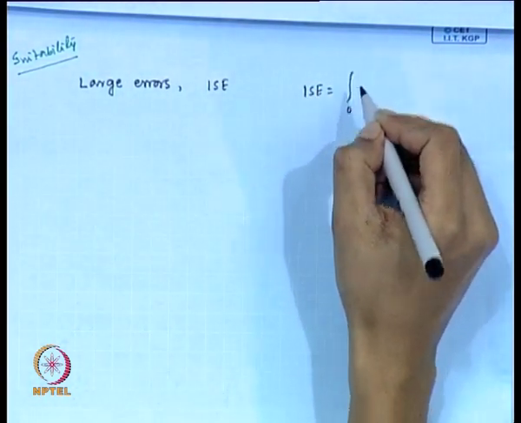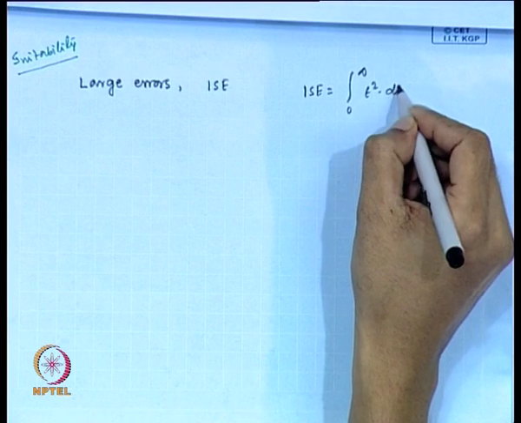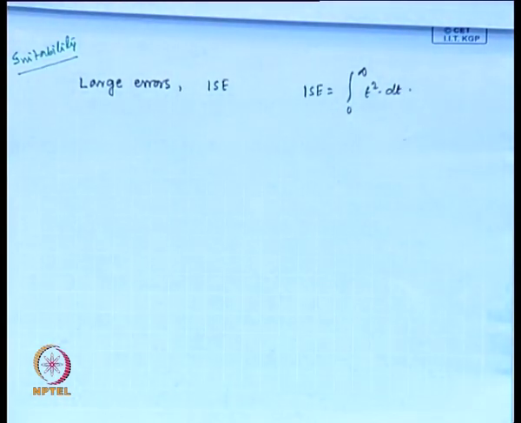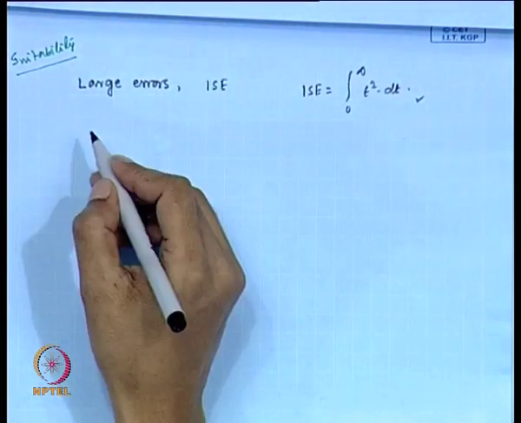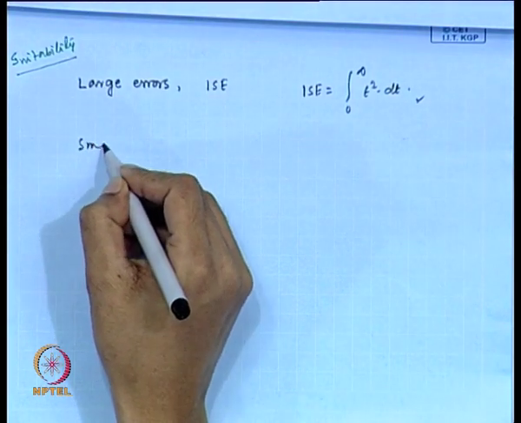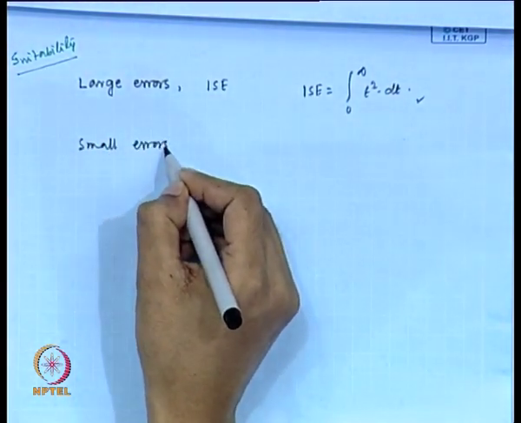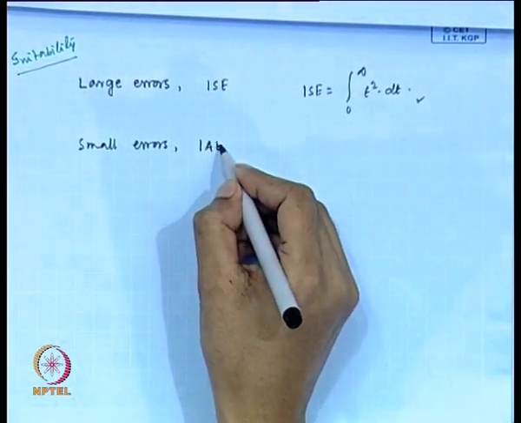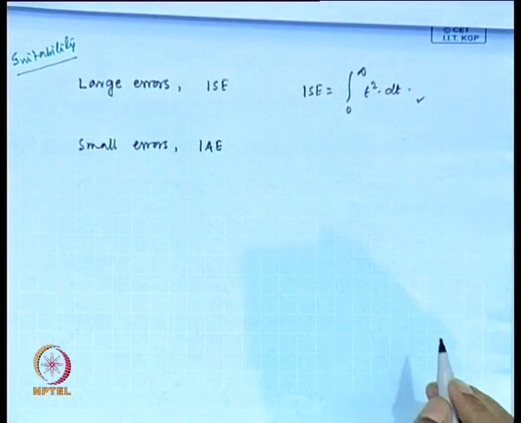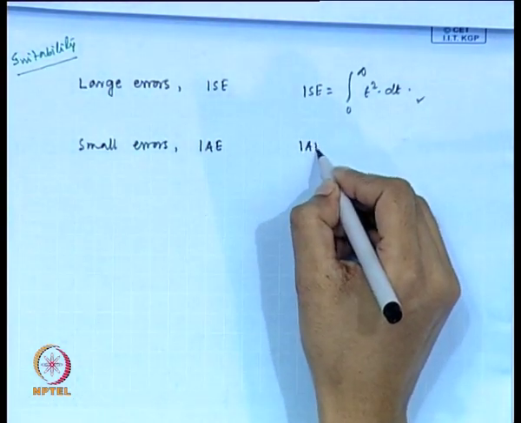It has this form. Now, if we square, the large error becomes larger. Therefore, this ISE performance criterion is used. If we wish to suppress small errors, then IAE performance criterion is used.